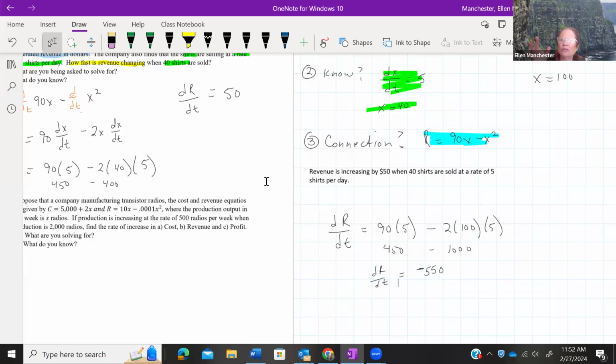If I have 100 shirts, that means higher costs, right? I have to get these shirts somehow. I'm not going to go out and steal them off of people. I have to actually buy the shirts. I have to put labor into it. So I'm putting money out.